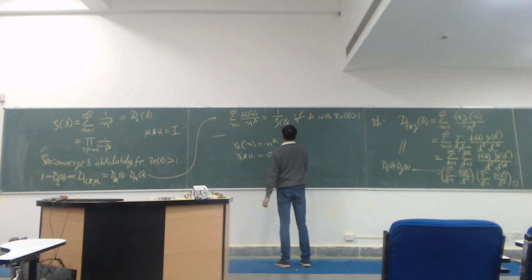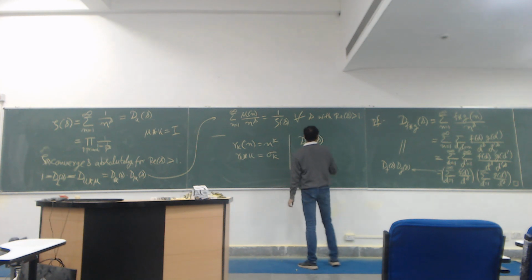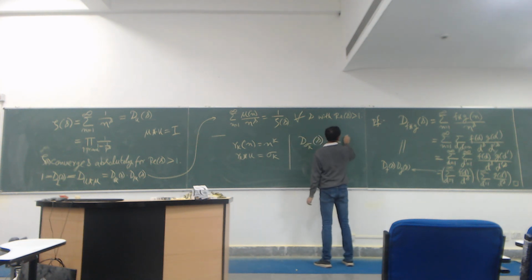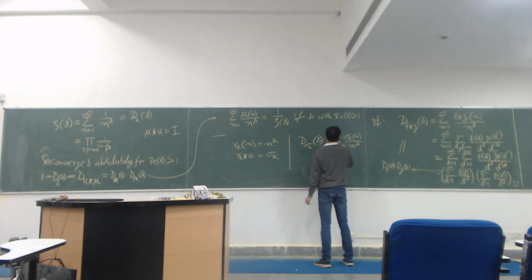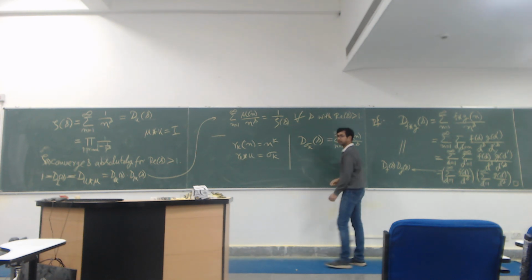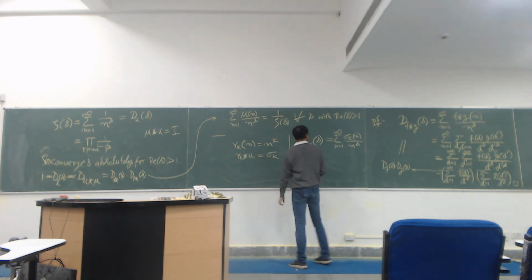So now consider this one. Consider D of sigma_k at s, that is the summation of sigma_k of n by n to the power s, with n running from 1 to infinity. Then what do you get?